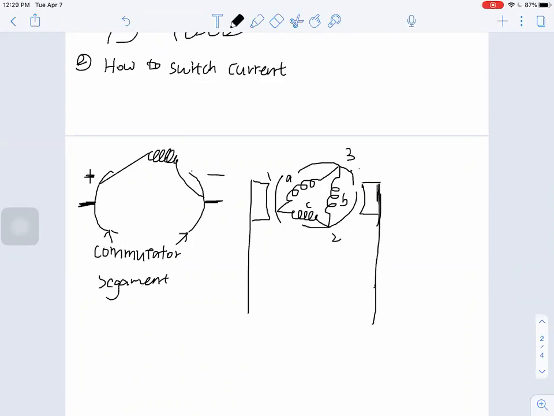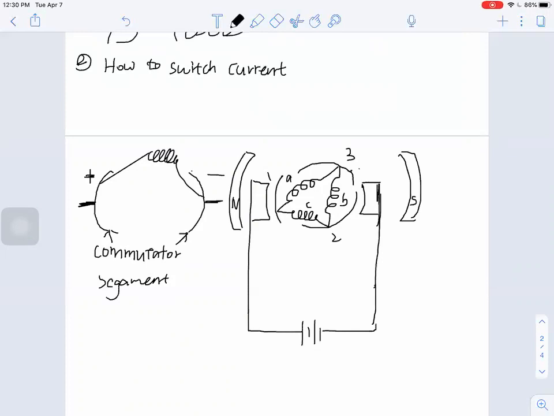And the brushes are connected with a power source. And outside the coil and brush, we're going to have 2 magnetic poles, S and N. Okay, now we have a very simple design of a brushed electric motor.